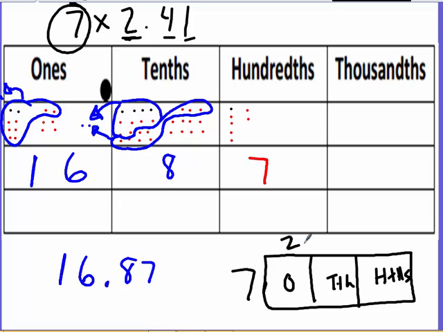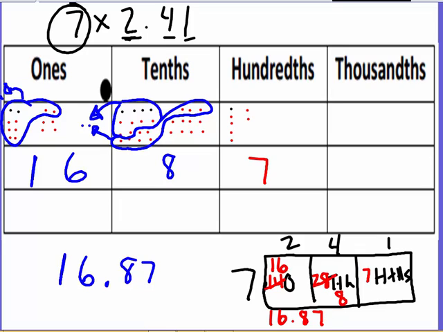I have 2 1s, 4 tenths, 1 hundredth. 7 times 1 is 7. 7 times 4, that's 28. 7 times 2, that is 14. I need to regroup 28 as 8 and 2 1s. So that's 14 plus 2 now is 16. And that 1 will regroup as a 10. So I have 16.87. Notice how they're the same.